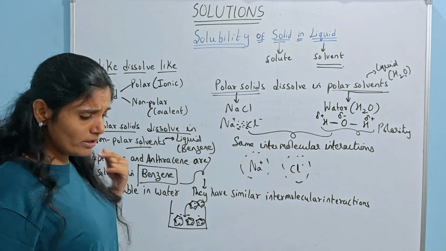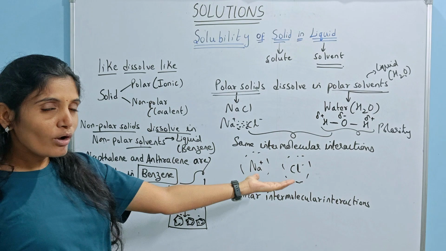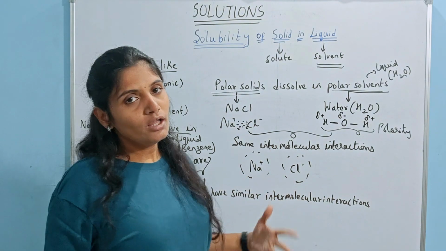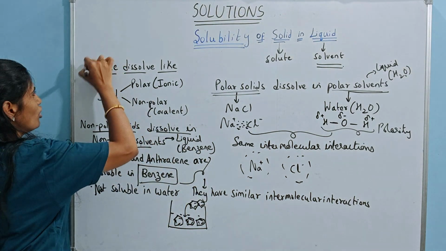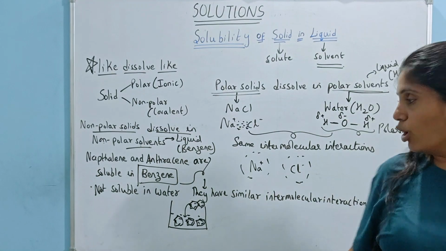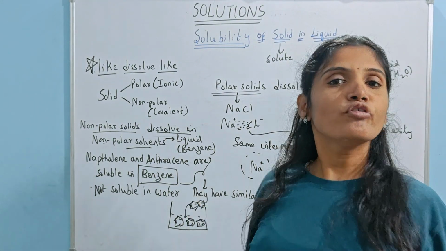So one thing is common here: our solvent is a liquid, but it can be a polar liquid or a non-polar liquid, depending on the concept of like dissolves like, polar dissolves in polar, non-polar dissolves in non-polar. So this is a brief understanding about the solubility of solid in liquid.